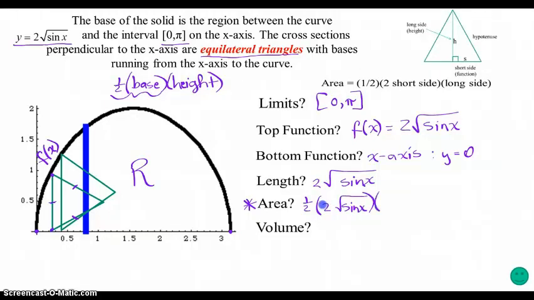Not a problem. The kicker on this type of problem is to find the height. And in an equilateral triangle, the height that we're talking about is this distance right here. And that height is not just our function. That has to come from our work in geometry.